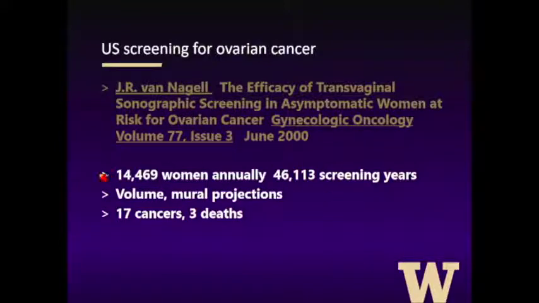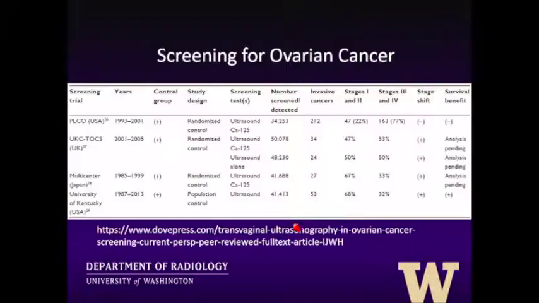So here's the problem. Here's some literature, very recent literature here. Well, this one's from 2000, but it illustrates the problem. 14,000 women were screened, so 46,000 screening years. We looked at volume and mural projections, and there were only 17 cancers out of this group and 3 deaths. And while every cancer and every death is too many, this isn't very many, right? It's a pretty small volume.